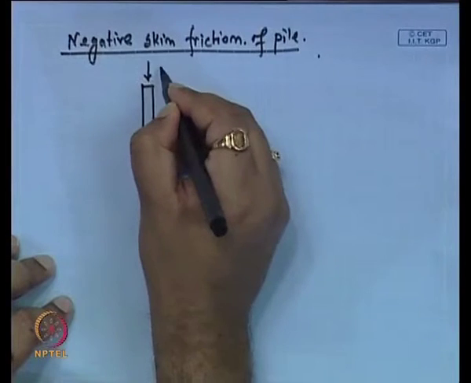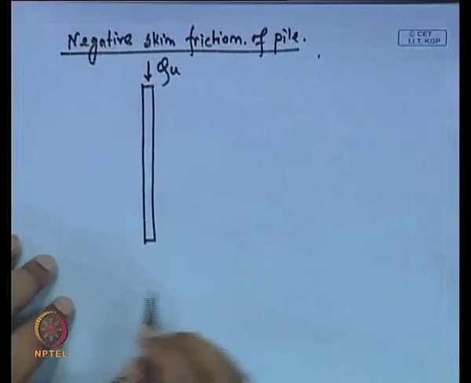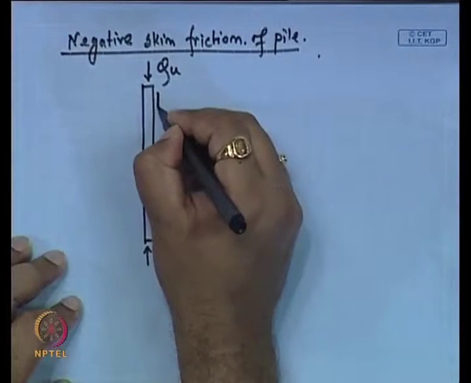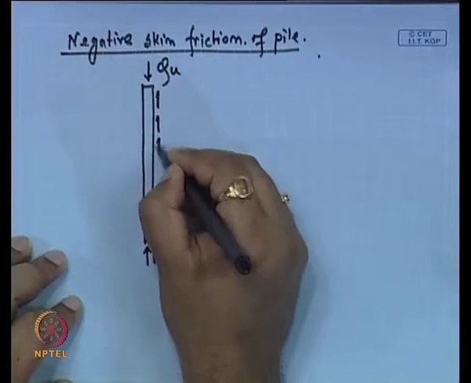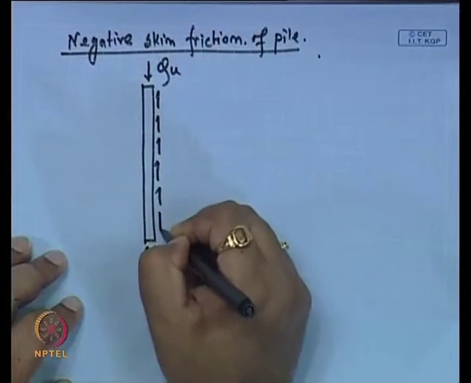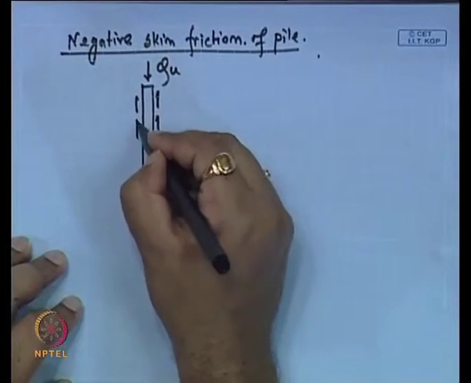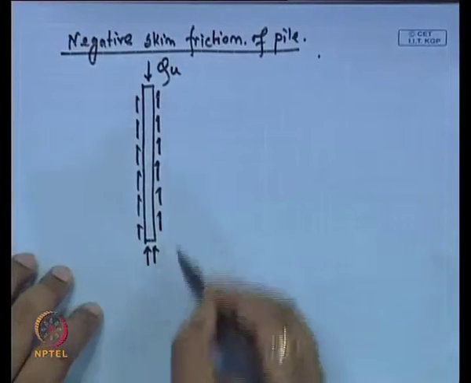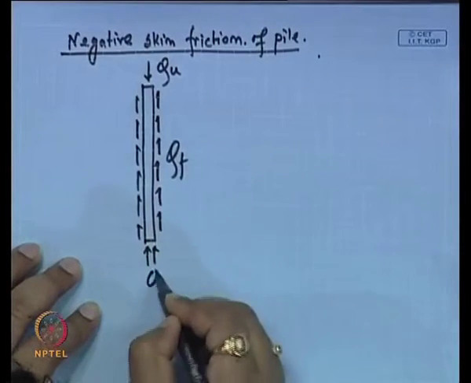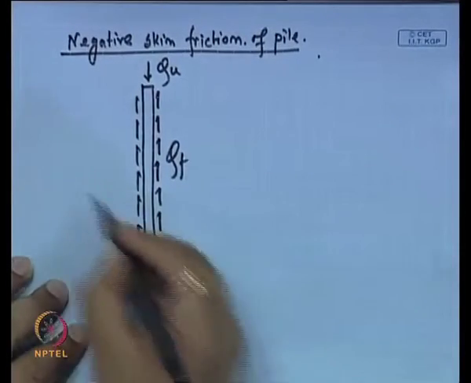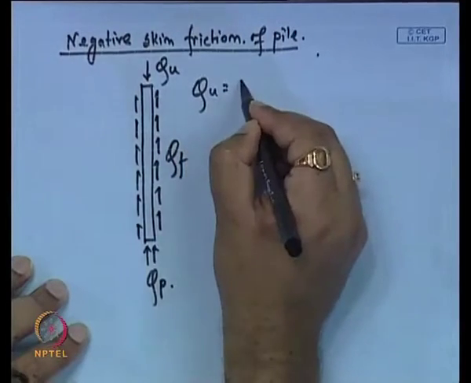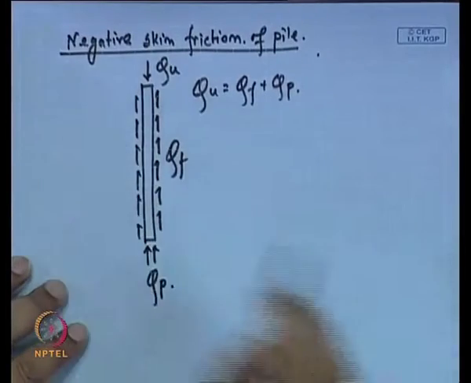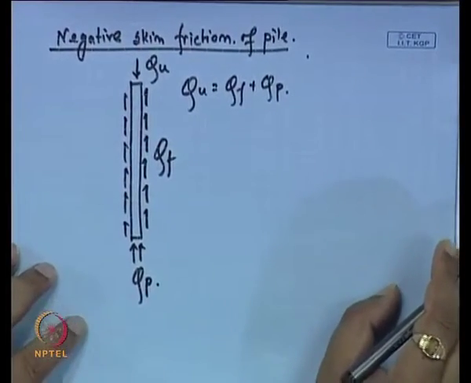Normally, if you apply the load Q_u here, we will get the tip resistance, and the friction resistance will act in the upward direction, because the pile will settle downward and the resistance will act upward. So, this is the friction part Q_f and this is the tip resistance. So, our Q_u will be Q_f plus Q_p. This is the traditional pile load carrying capacity calculation.